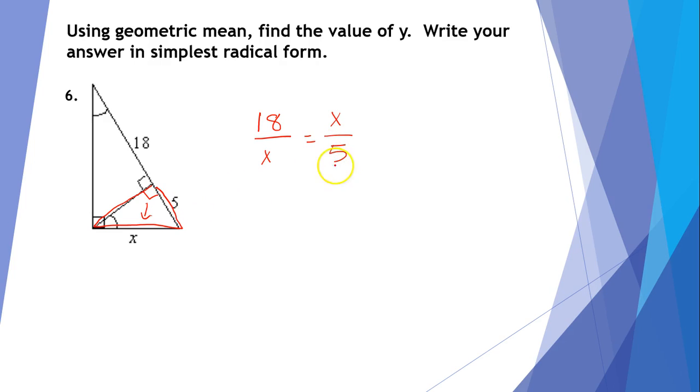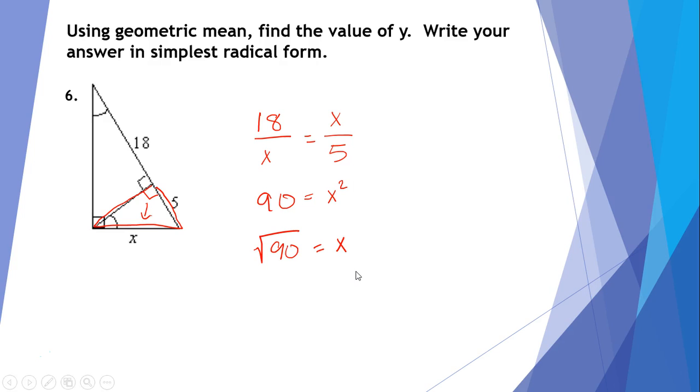And there you go. Now just the next step, do the cross multiplication to get this, and take the square root of both sides, and we get square root of 90 equals x.